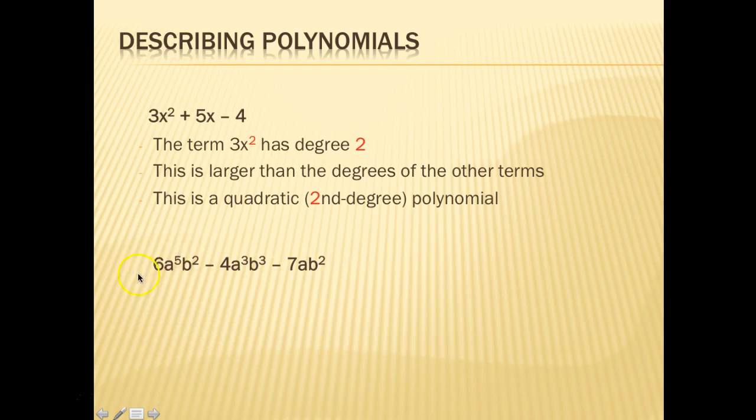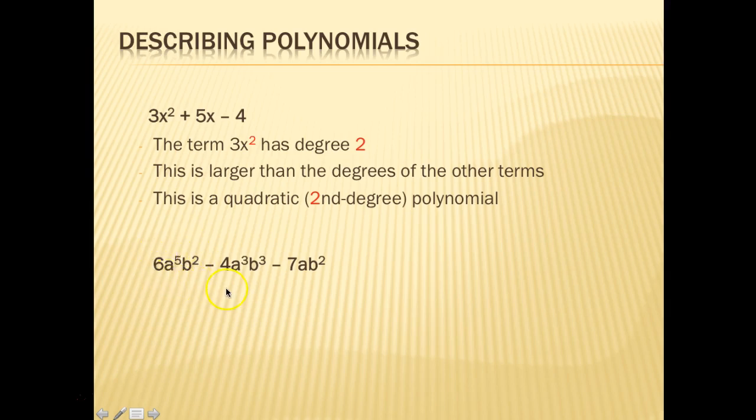So looking at the term that has the most variables in it will let me know what my degree is. In this case, my degree is not just 5, but in this term, it's 5 plus my 2. So your degree actually looks at a term and decides how many variables are being multiplied together in that term.